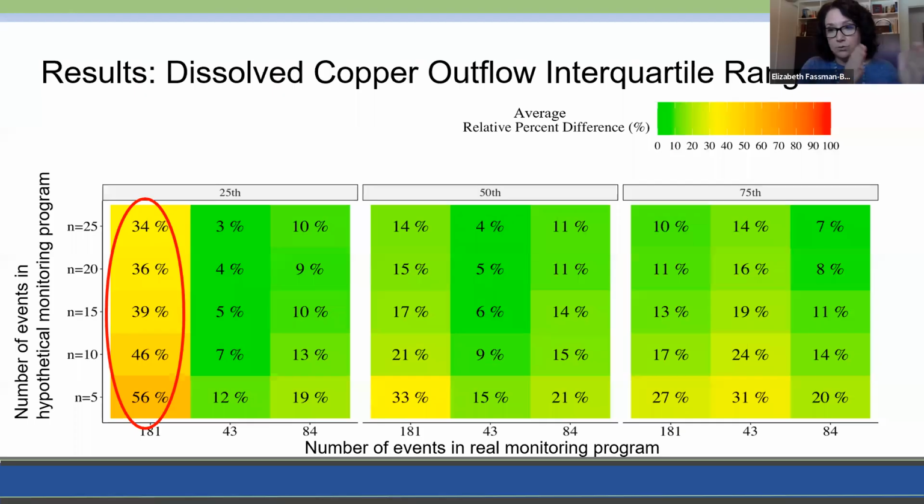So we're getting down towards lower concentrations. In this case, at this particular site, there really did seem to be an effect of our sampling program: a hypothetical, smaller sampling program introduces more uncertainty in reflecting the true values from the parent data set once you get to lower concentrations. And we're going to dive into that a bit more.